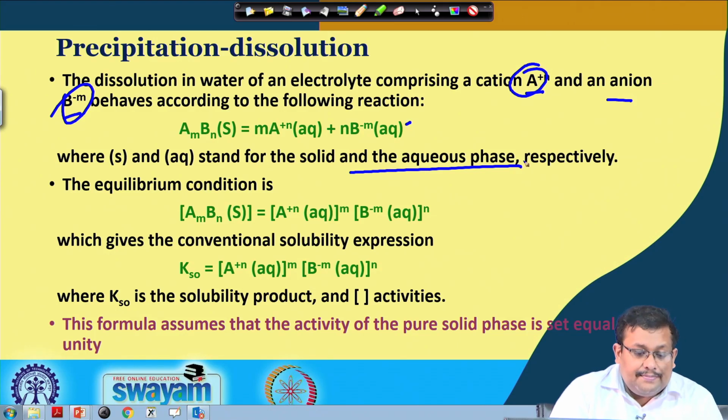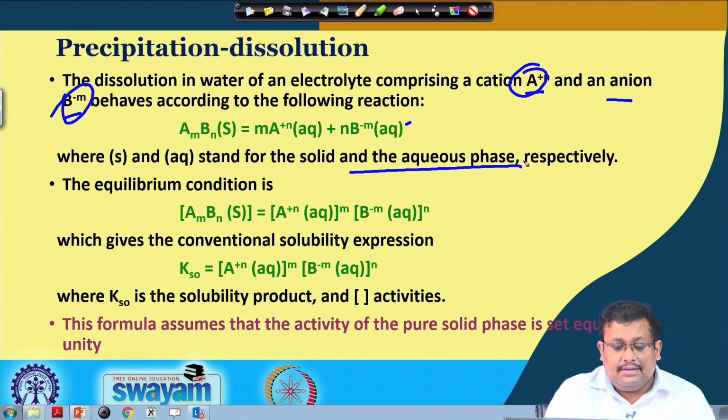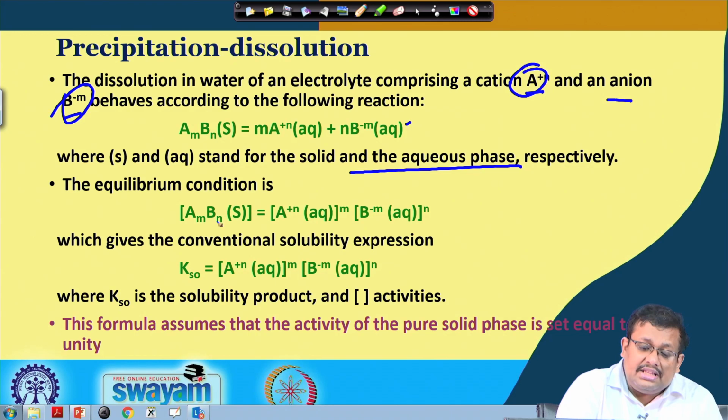We already know that. Now, in this reaction, the equilibrium condition is that the activity of the solid AmBn equals the multiplication of the activity of A in the aqueous phase and the activity of B in the aqueous phase, which gives the conventional solubility expression, that is Kso, which is basically the solubility product, and these brackets show the activities.